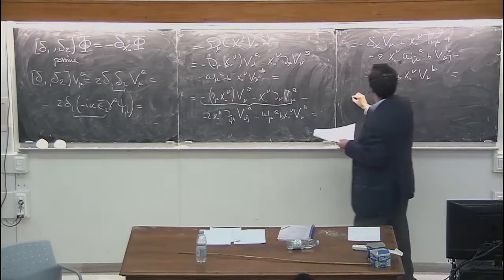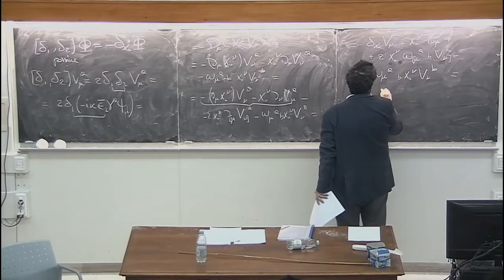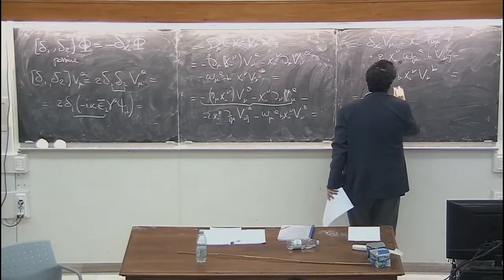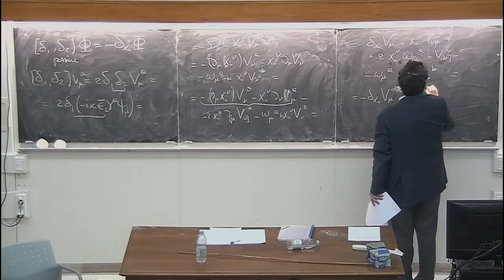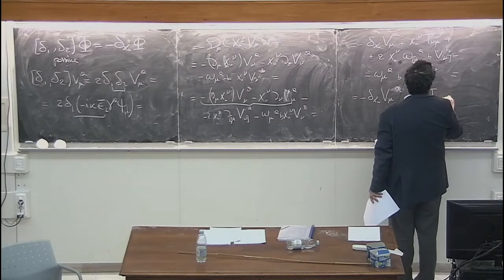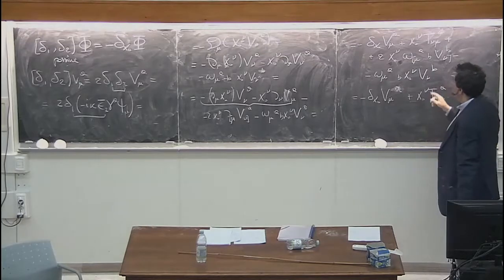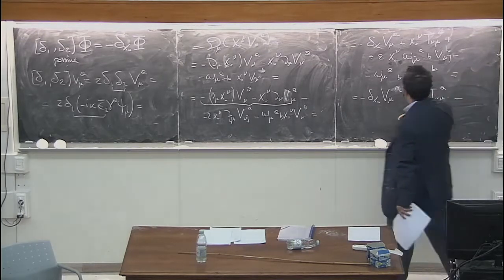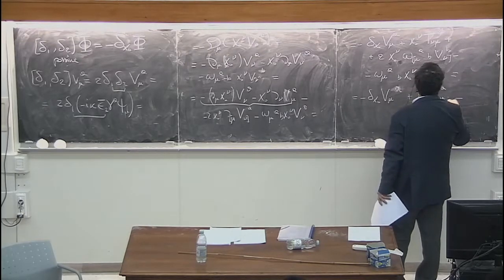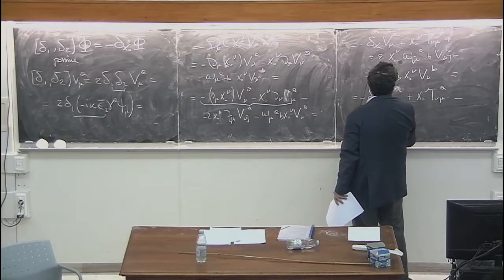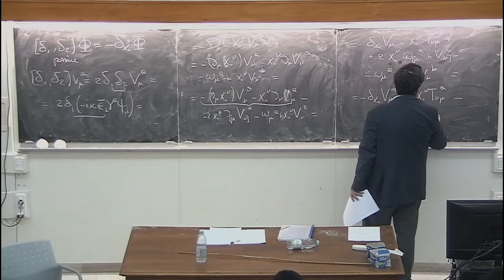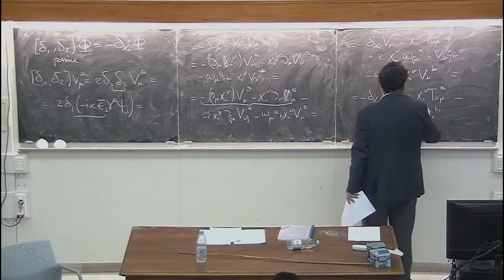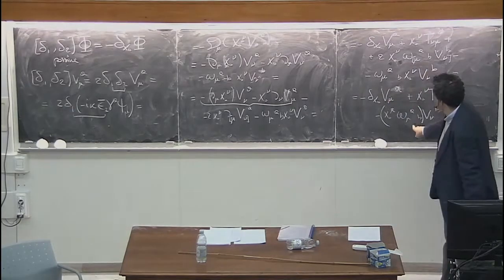So what we end up with is minus delta x naught V mu a plus x naught nu T nu mu a minus x naught mu omega mu a b V nu b, which is this one.